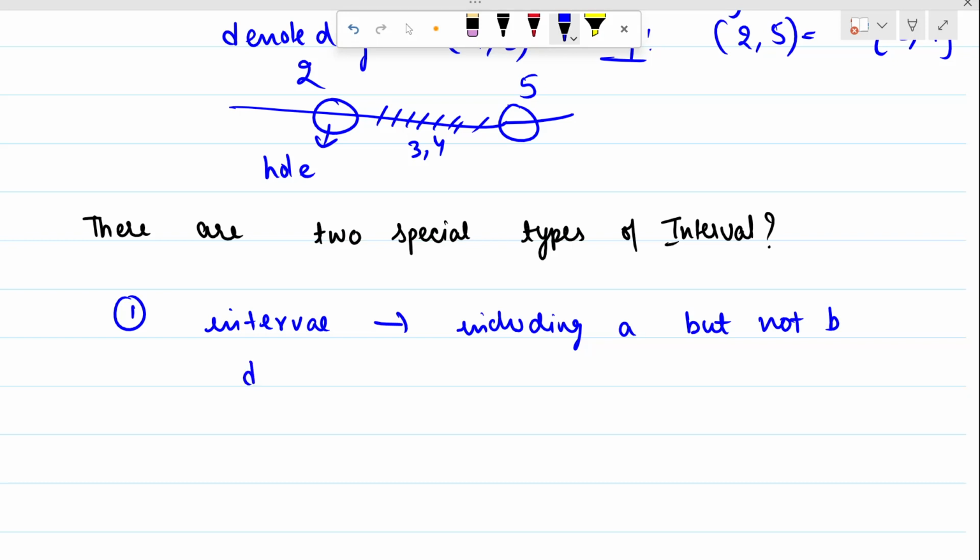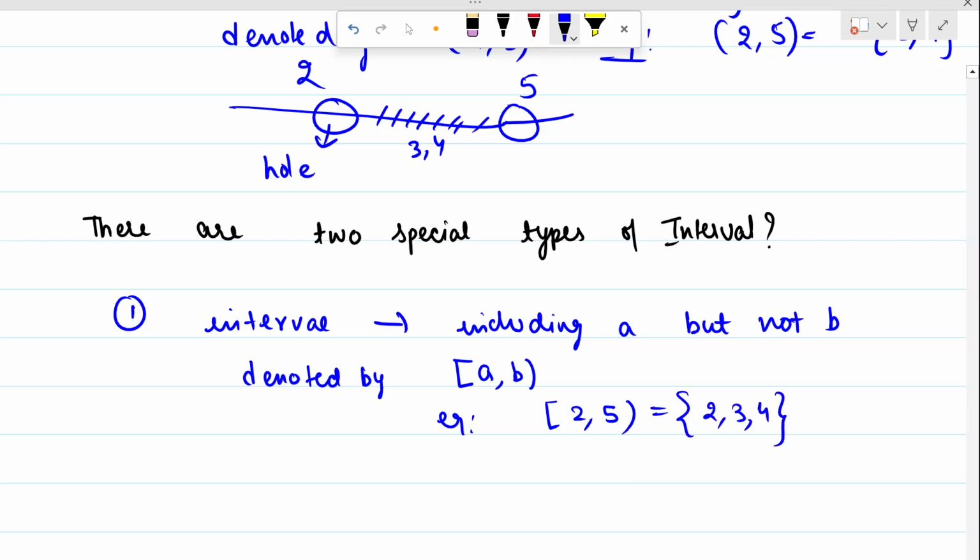It is denoted by a closed bracket at a and an open bracket at b. For example, [2, 5) is equal to 2, 3 and 4. If we represent this on a number line, we have a solid circle on the 2 side and a hole on the 5 side. So we do not include 5 in the set, we only include 2, 3 and 4.